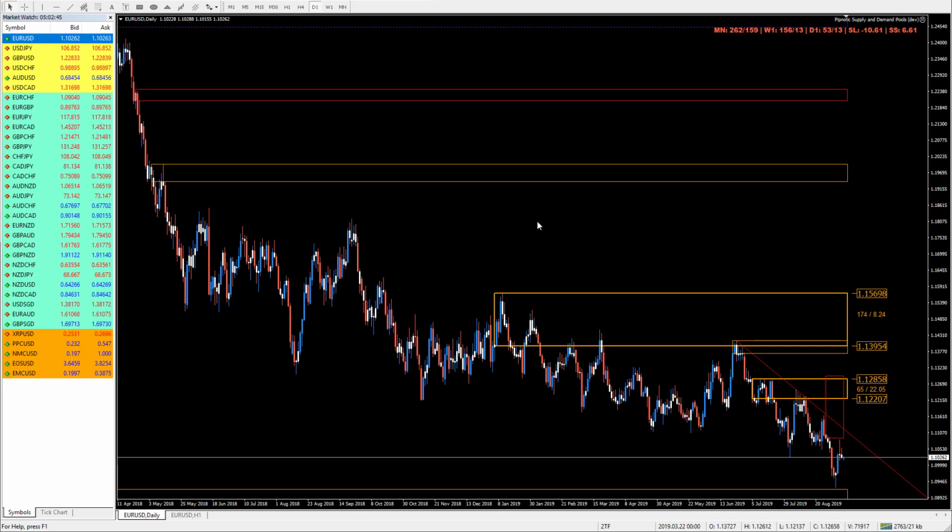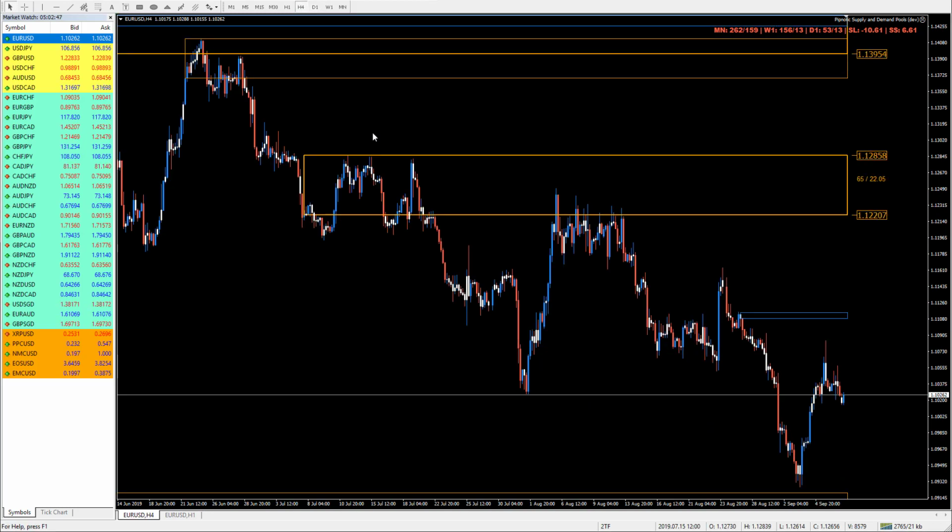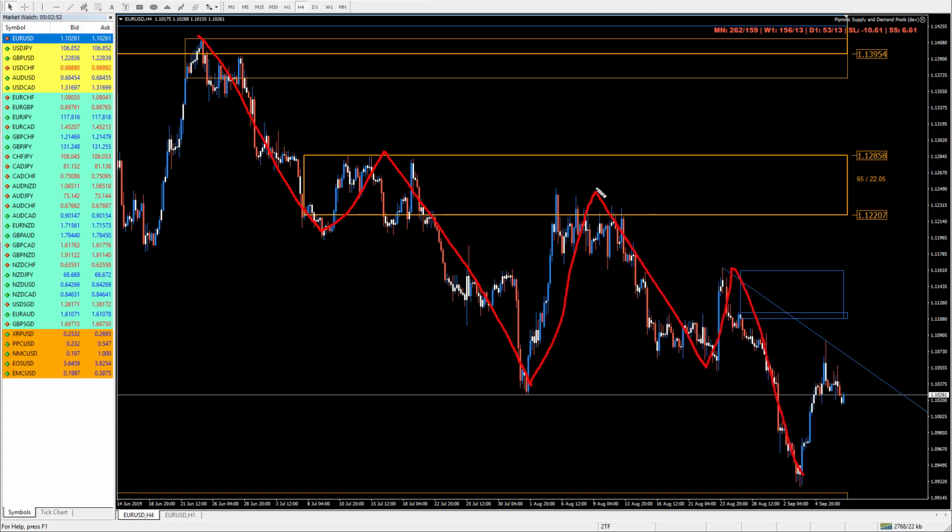So you could find areas that lap over this. The robot's trying to point something out to us. So let's go on to the smaller time frame, and like this one here. You see we have. So if we just go low, high, low, it's taking the big ones. From here to here, the price has already been down to here.